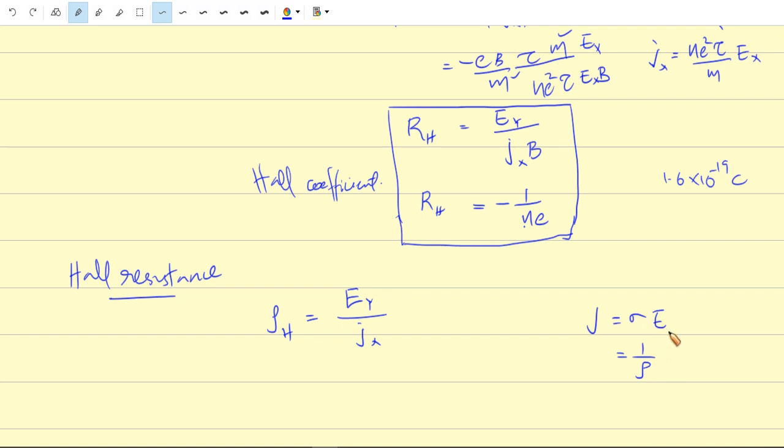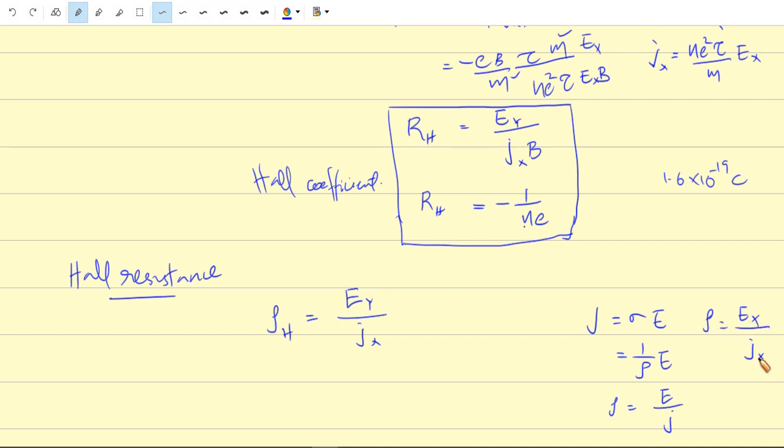Therefore rho equals E divided by J, so rho is equal to Ex by Jx. This is the resistivity of the metal if an electric field Ex is applied.